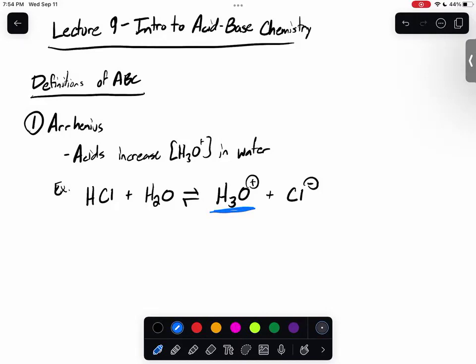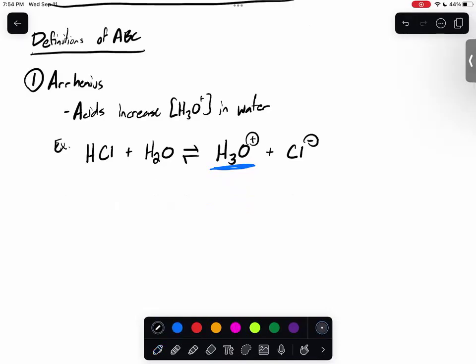The next definition for Arrhenius that we care about is bases, and this one is also very simple. Bases increase the concentration of hydroxide in water.